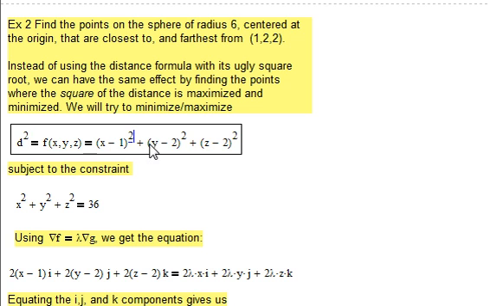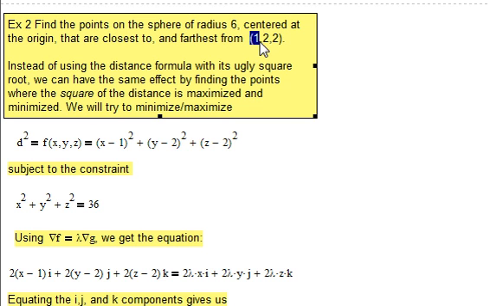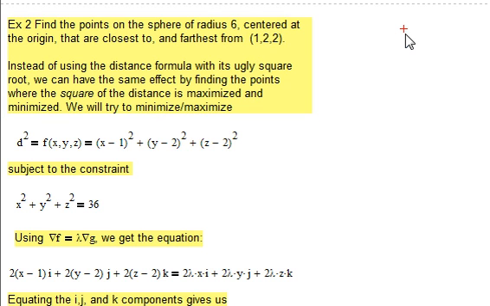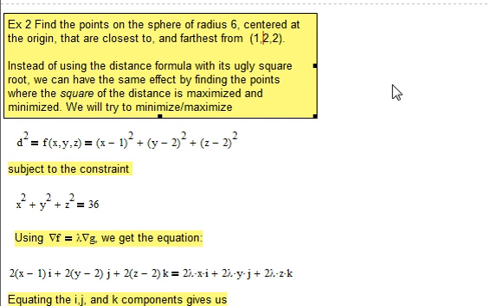That is (x minus 1) squared plus (y minus 2) squared plus (z minus 2) squared, which is just the distance formula applied to this point (1, 2, 2). So this is our function we're trying to maximize and minimize, the distance function from a point on the sphere to that point in space.